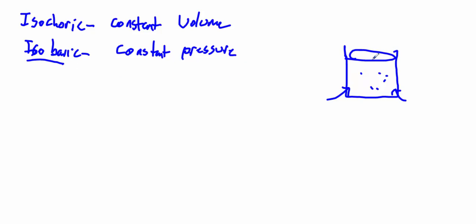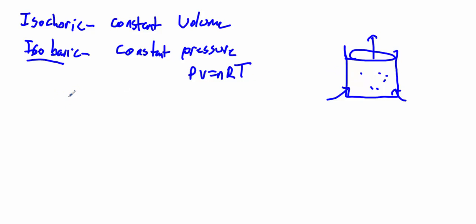So that means this piston is going to expand and gas is going to get larger because we don't want pressure to change, right? Remember, pressure times volume equals number of moles of gas times the gas constant R times temperature. So if I'm adding energy into it and I don't want the pressure to go up, that means my volume has to increase.